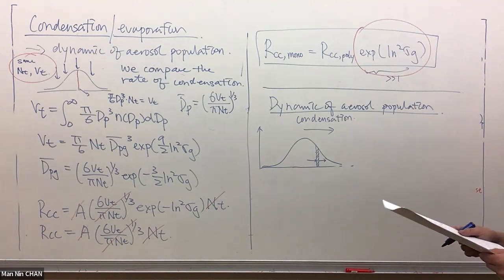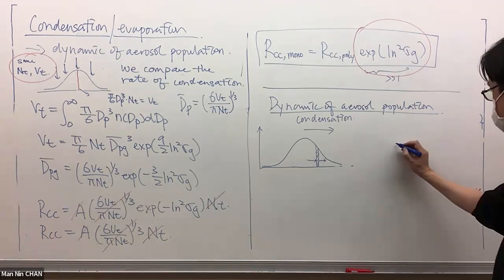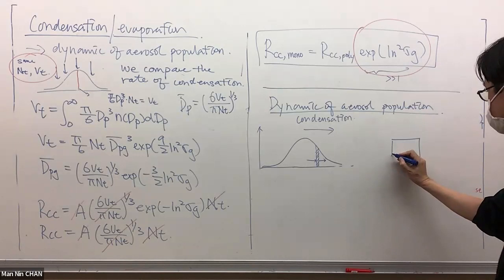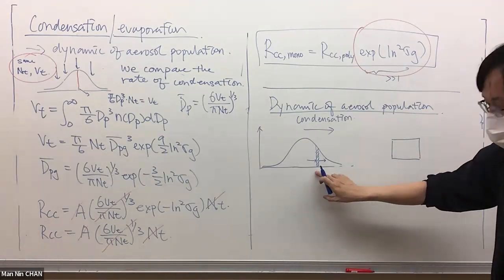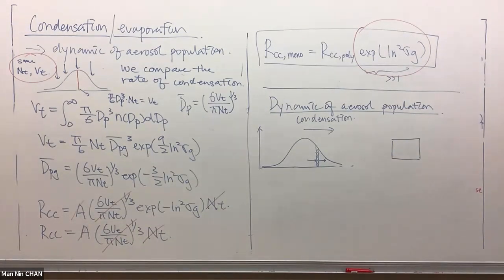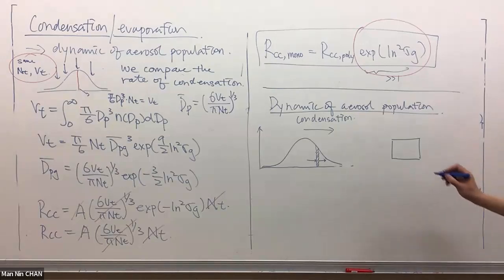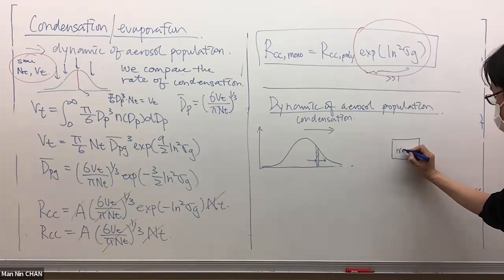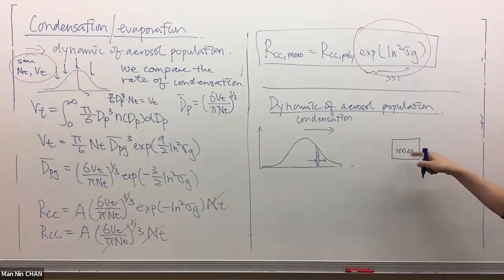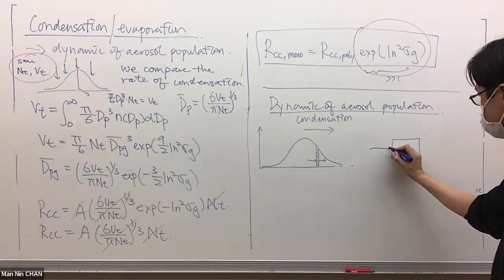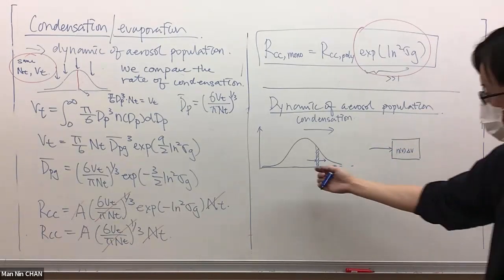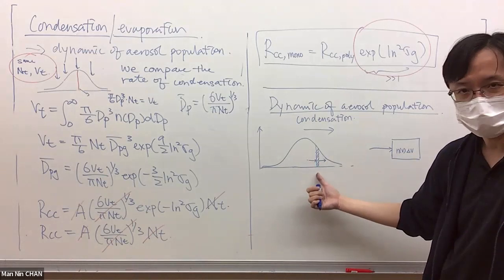That means if you look at a certain volume, let's say you focus on aerosol with a certain volume or size, so let's say I'm interested in looking at a certain volume or size here. You can argue that some will grow into this bin, so they will grow and become this size that we're interested in.